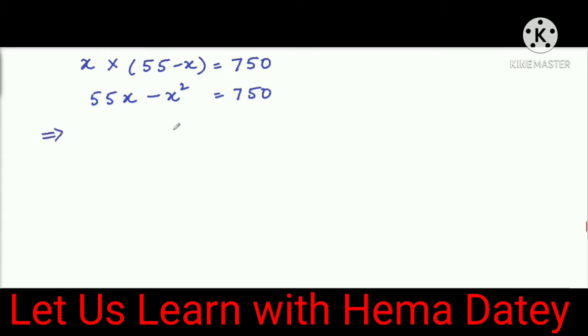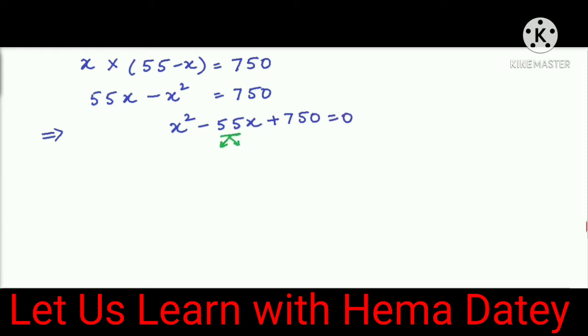We put the values. Number of toys is x multiplied by 55 minus x is equal to rupees 750. We multiply x by 55 minus x, we get 55x minus x square is equal to 750. After rearranging them, we get a quadratic equation x square minus 55x plus 750 is equal to 0.